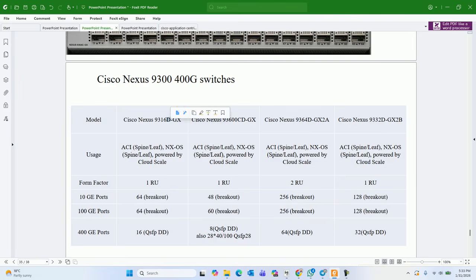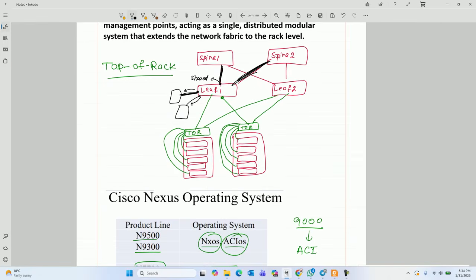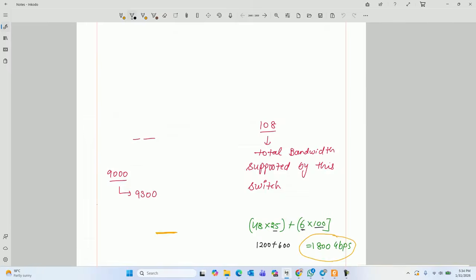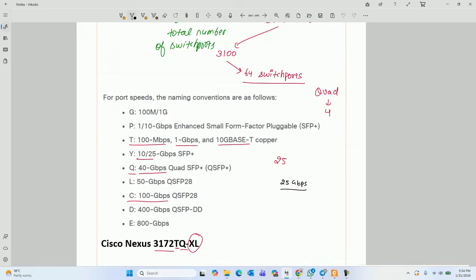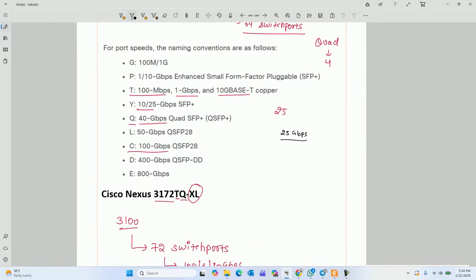If you see D in the name, like 9316D, what does D mean? D represents 400 Gbps. Make sense?